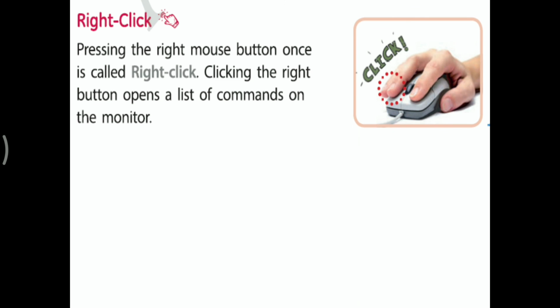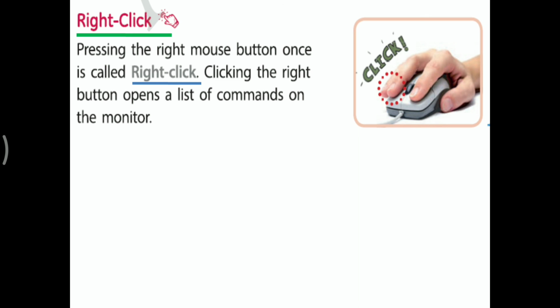Yes. So students, next here is right click. What is right click? This action will be performed with the right button. We have done the left button. Now the right button, so let's learn. Pressing the right mouse button once is called a right click.